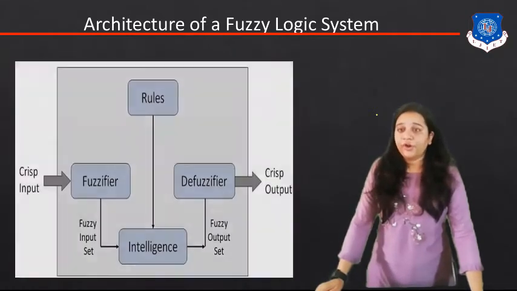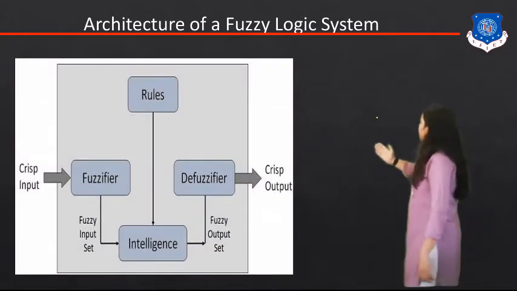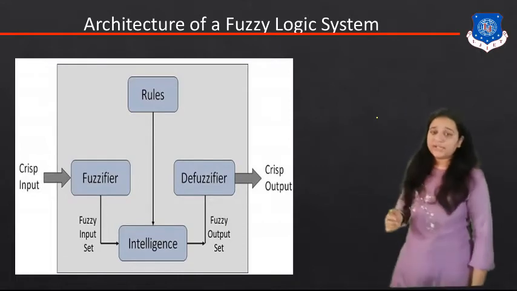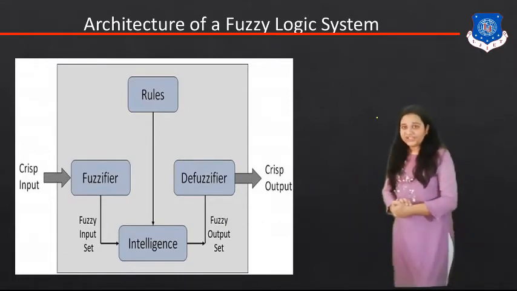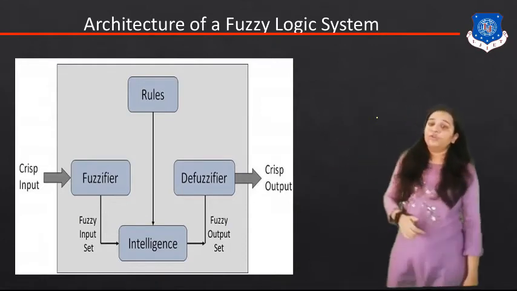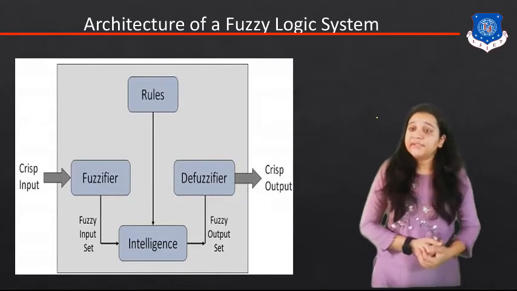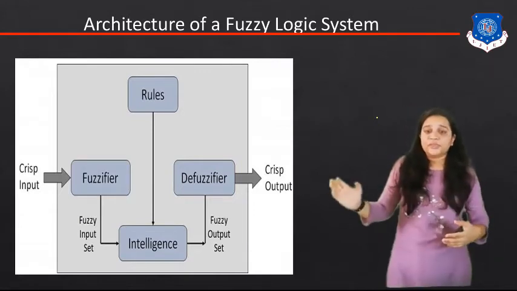First of all, what is the actual logic behind fuzzy logic? Here the block diagram of the fuzzy logic system is given. Crisp input is applied to the fuzzification. Now what is the crisp input? We will study that in detail after this block diagram.